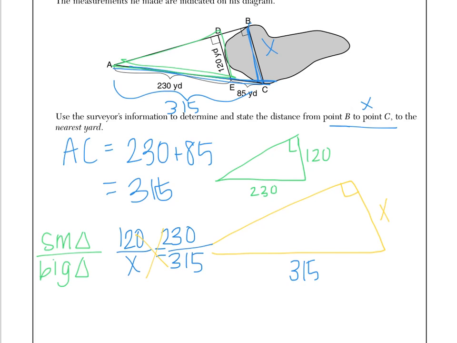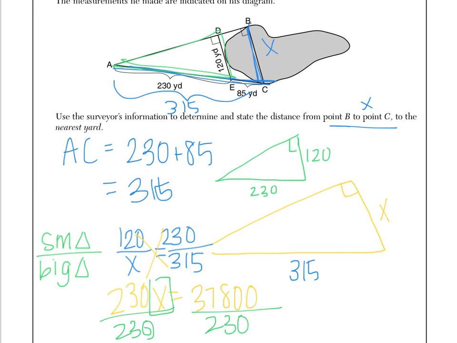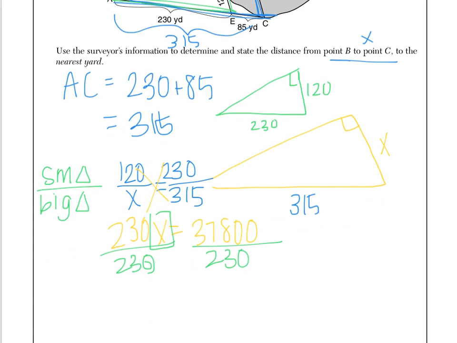So when we cross multiply, we get 230x equals 37,800. Remember, our goal here is to solve for x, so divide both sides by 230. So when we do that, we get x equals 164.3478, and the number keeps going.